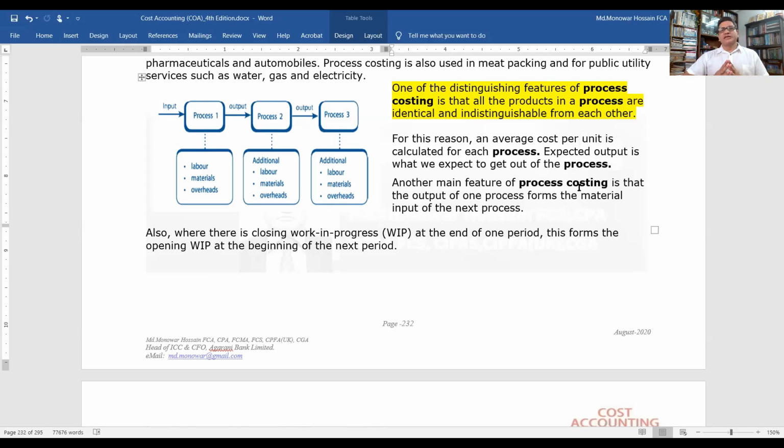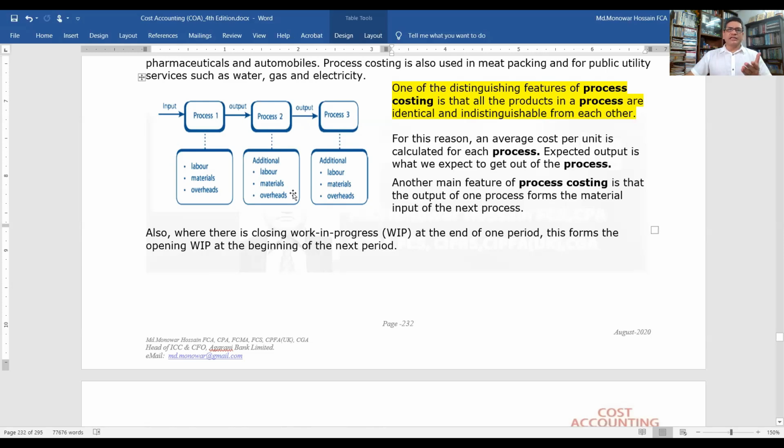Another main feature of process costing is that the output of one process forms the material input of the next process. Look here: if we put the input into the process along with labor, material, and overhead, the output is transferred as material to process 2.